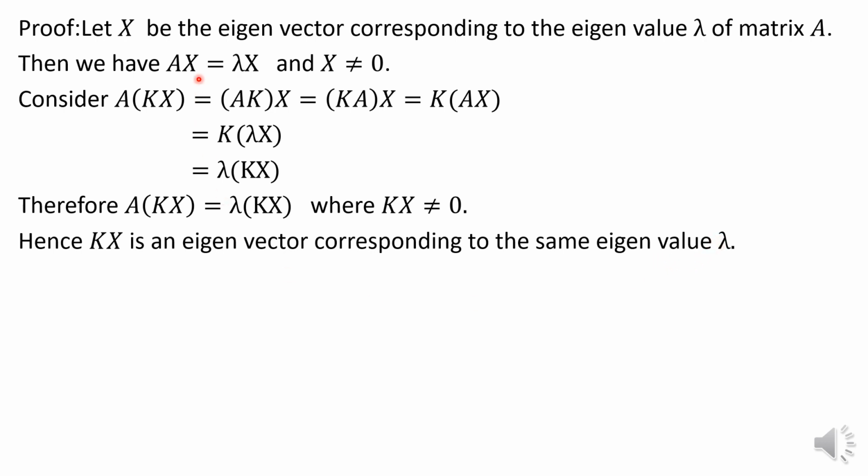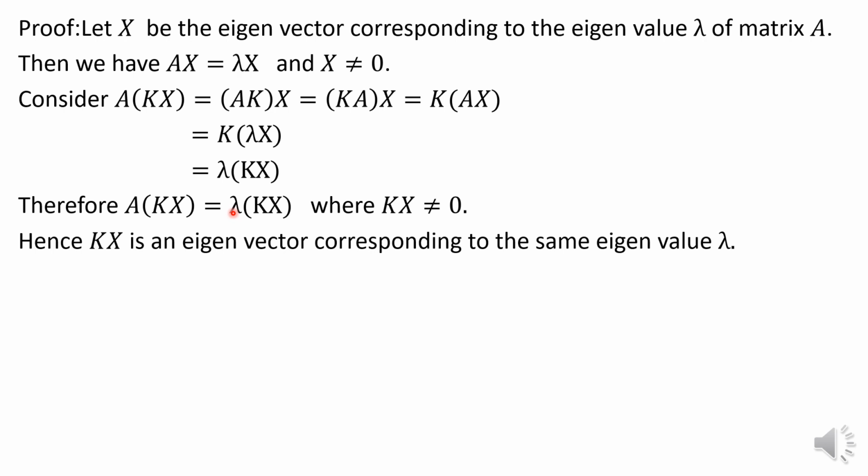Compare these two equations: Ax is equal to lambda x, and this one, where in place of x we have kx. If I have the first, we say x is the eigenvector corresponding to the eigenvalue lambda. In the same way, here kx is the eigenvector corresponding to the eigenvalue lambda.